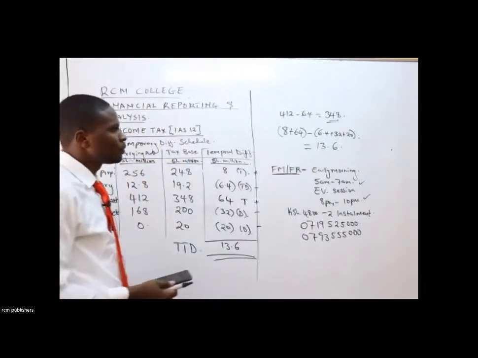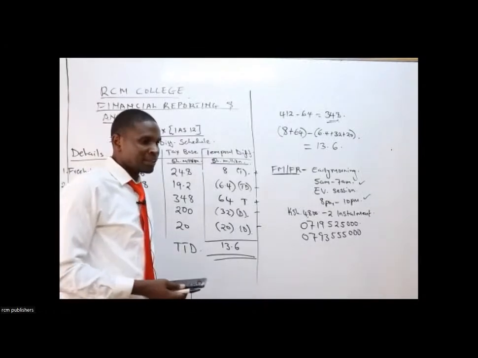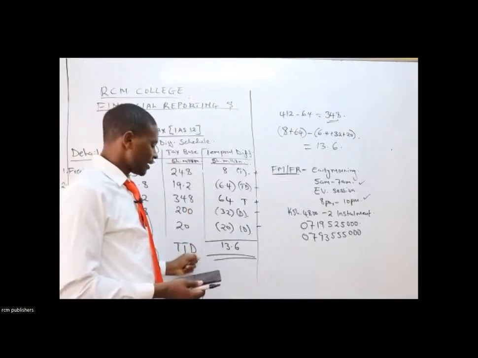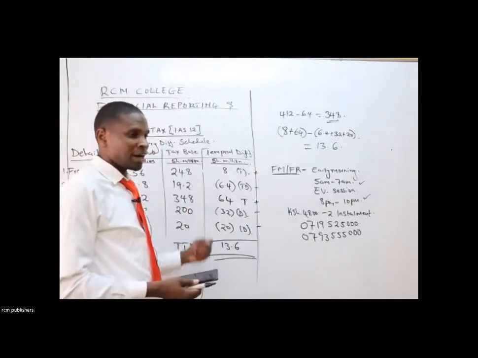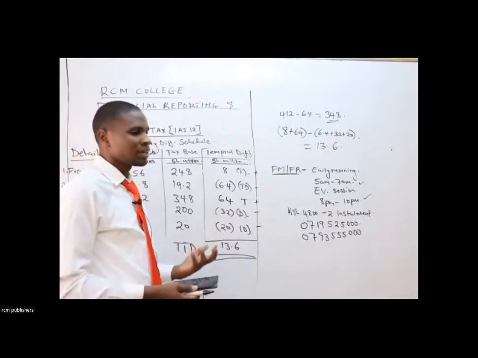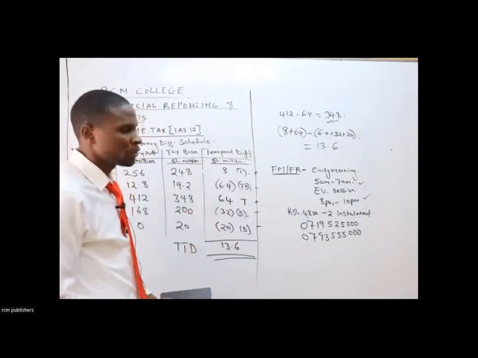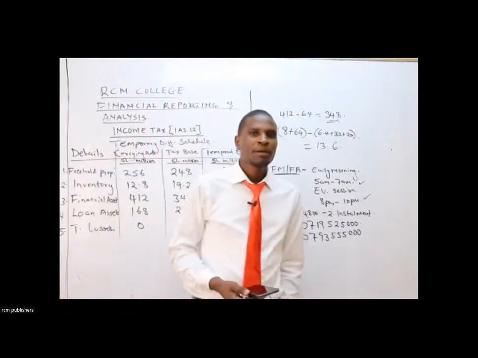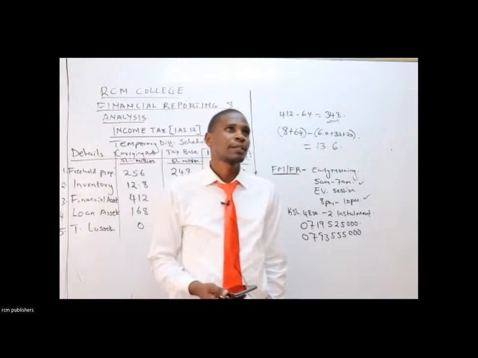So I want us to complete this by computing our deferred tax. Now, class, to compute the deferred tax here, we just need the taxable temporal difference and then the corporation tax. Did the examiner give us the corporation tax here?